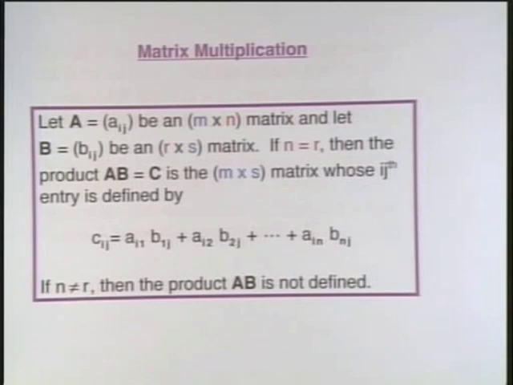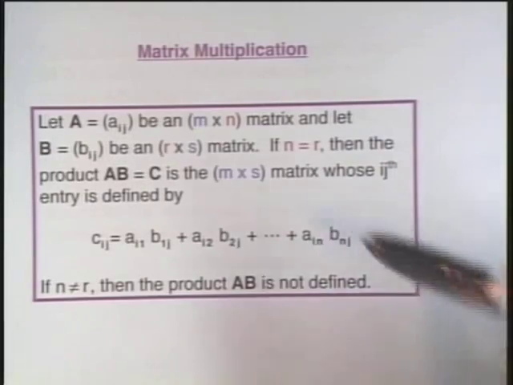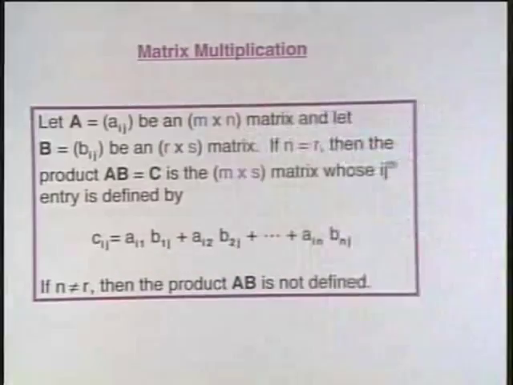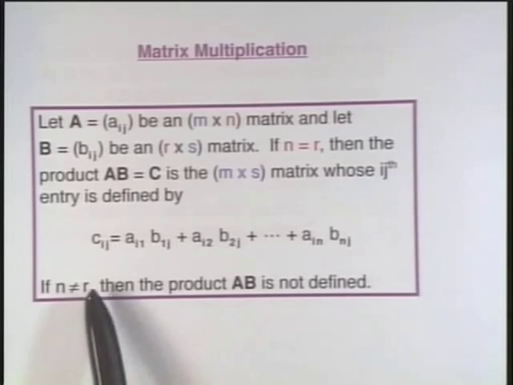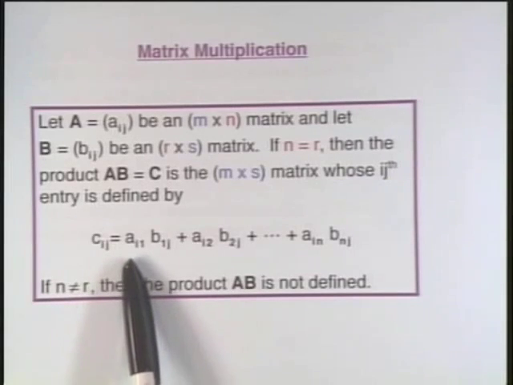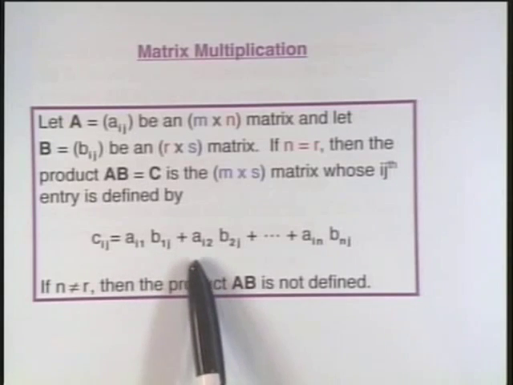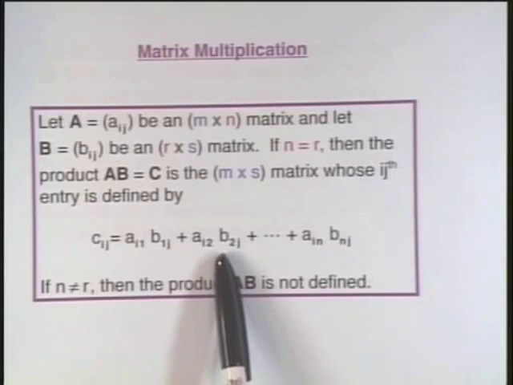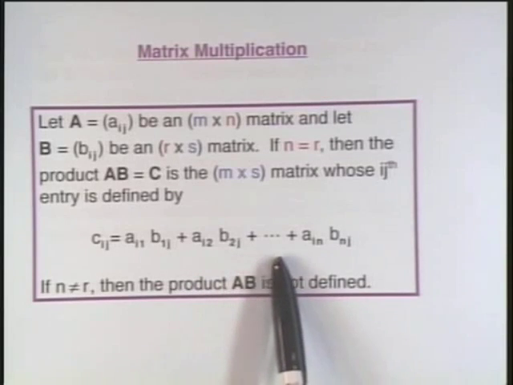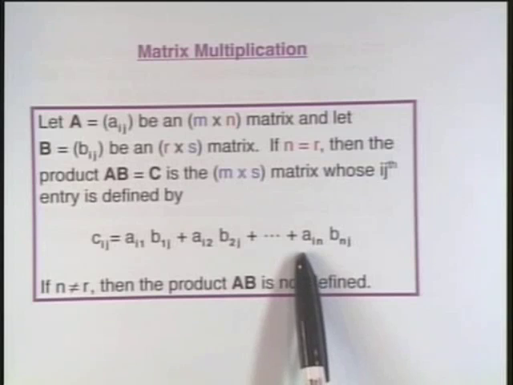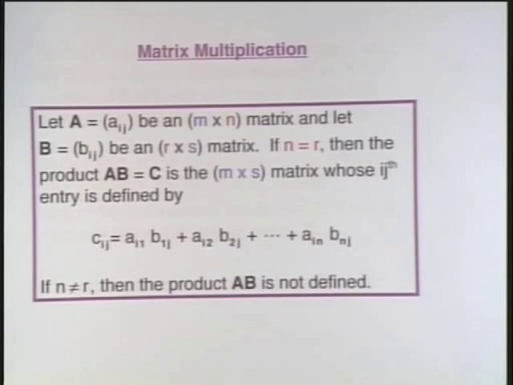If n is equal to R, or the inner dimensions are equal, then the product A times B equals C is the M by S matrix whose ijth entry is defined by C sub ij equals A sub i1 times B sub 1j plus A sub i2 times B sub 2j, continuing in the same manner until we end with plus A sub in times B sub nj.